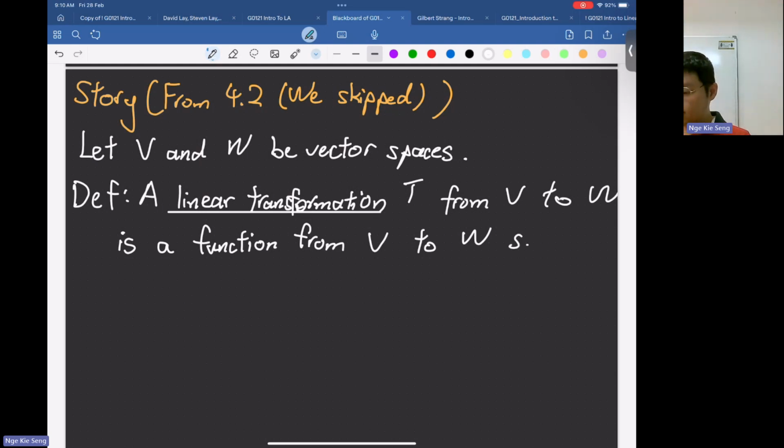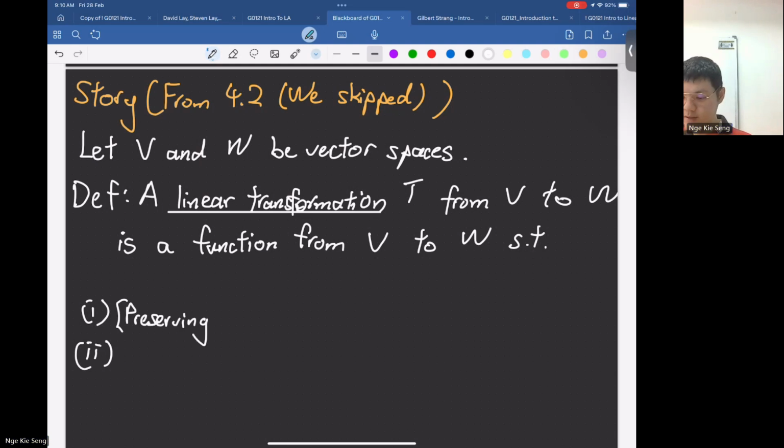But this one has special conditions. Two special conditions, so you need to remember. One is preserving vector addition. Second is preserving scalar multiplication.